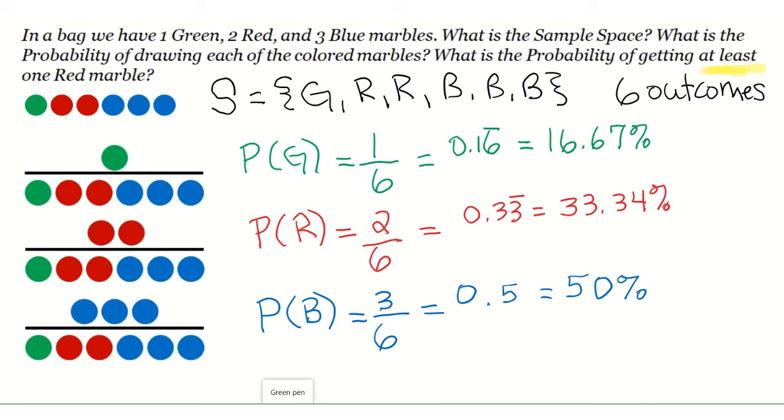So for this case, the probability of getting at least 1 red marble is the same probability as the probability of the red marble event, which is going to be 2 over 6, which equals 33.34. Out of my 6 possible marbles, I have a probability of drawing at least one red marble 33.34% of the time.